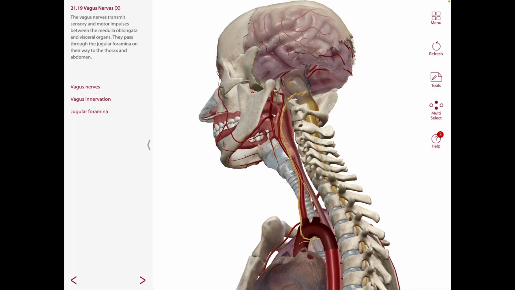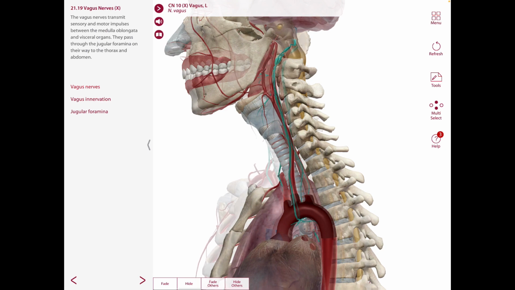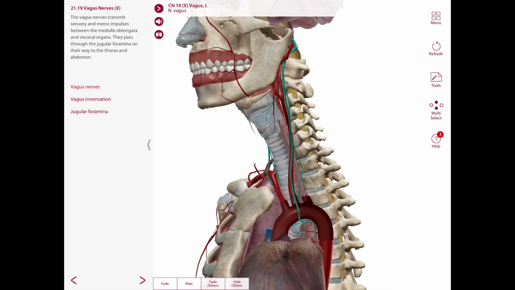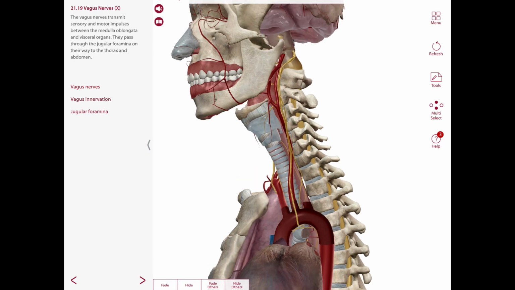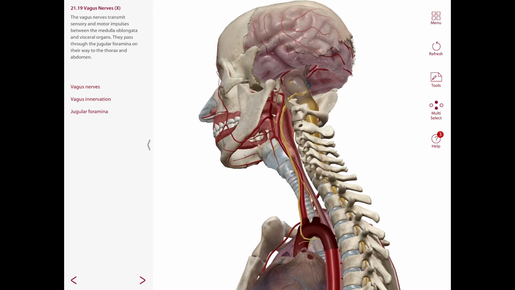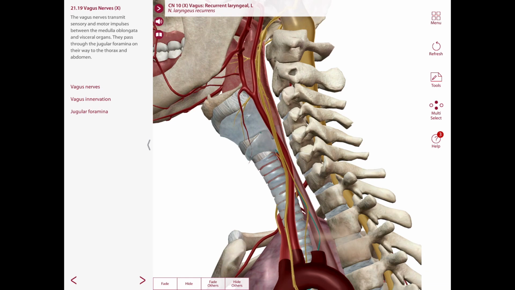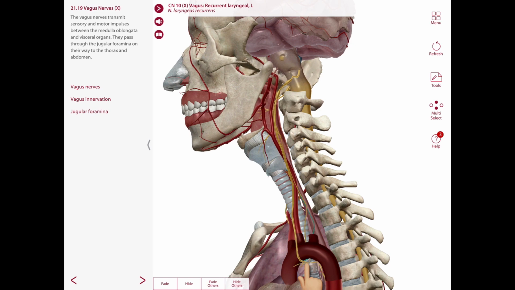Now, some of the branches of the vagus nerve include the left recurrent laryngeal nerve and the right recurrent laryngeal nerve. We're going to start first with the left recurrent laryngeal nerve, which originates from the left vagus nerve as it crosses on the left side of the aortic arch. It then passes inferior to the aortic arch and posterior to the ligamentum arteriosum.